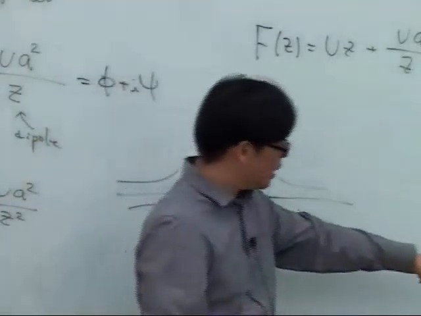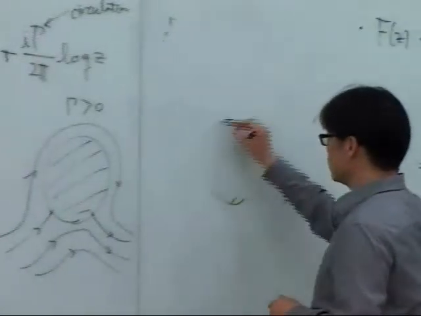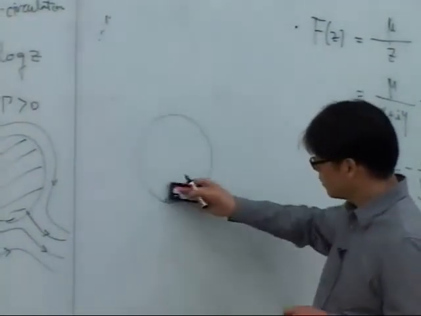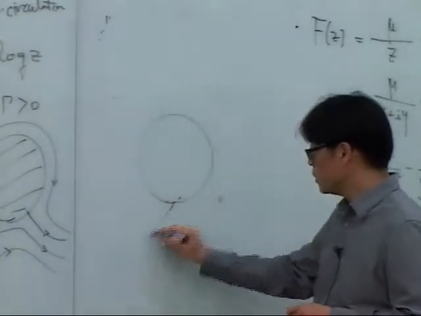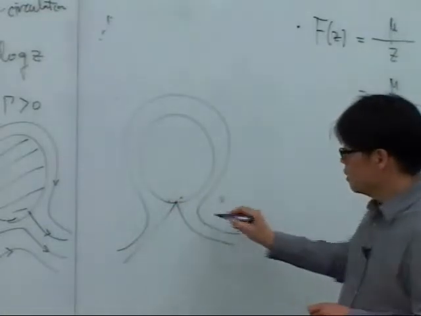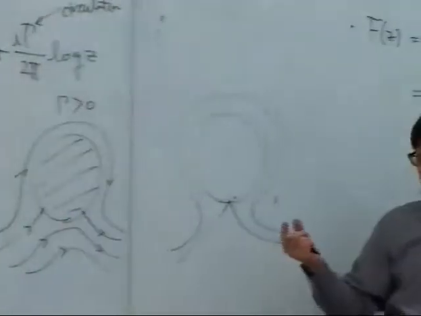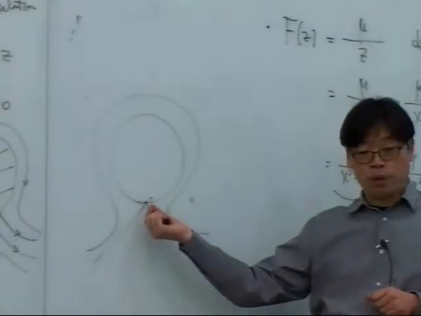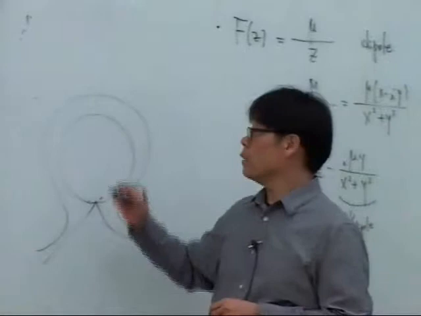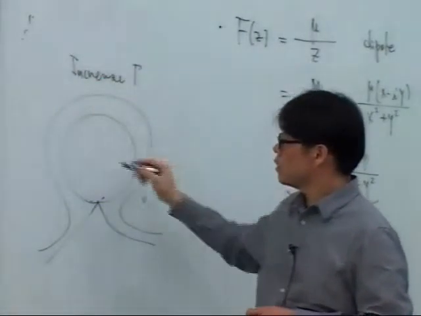And at some point, if you further increase gamma, you will have a streamline like this. So these two stagnation points can meet at one point at the bottom. If I keep increasing gamma.